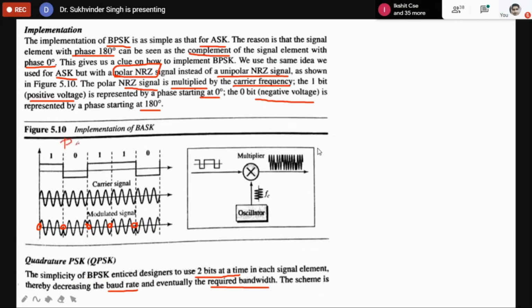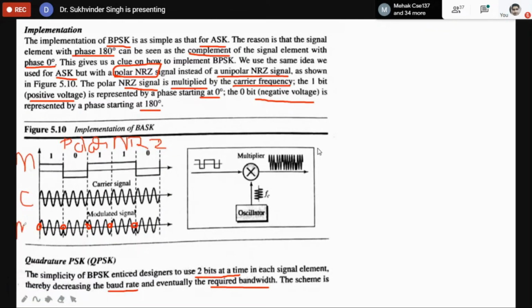This is a polar NRZ coding scheme. This is a modulating signal. The oscillator will generate a carrier signal of high frequency.